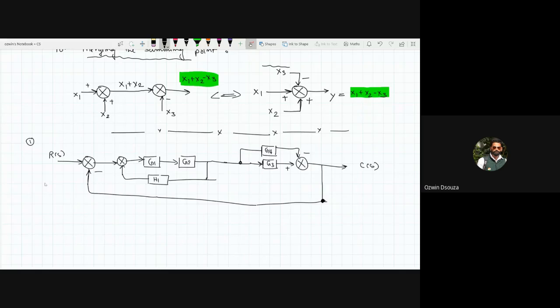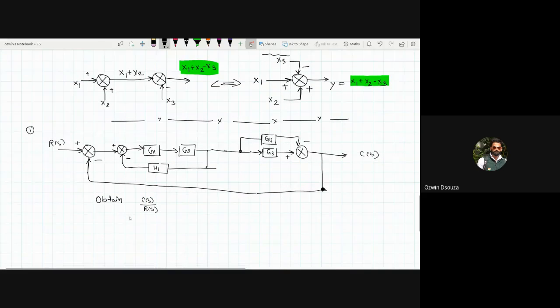So write down the question. Obtain C of S by R. So how are you going to solve this?